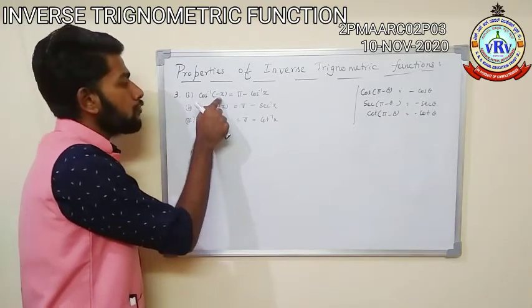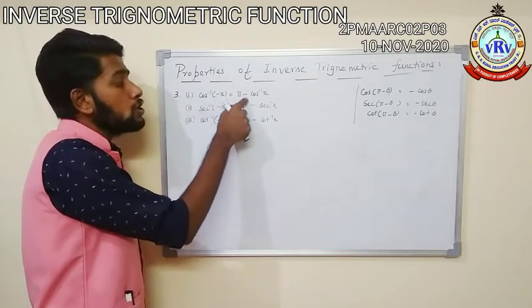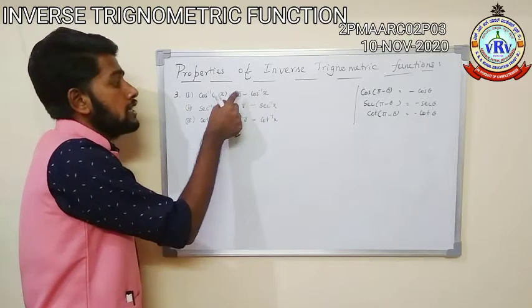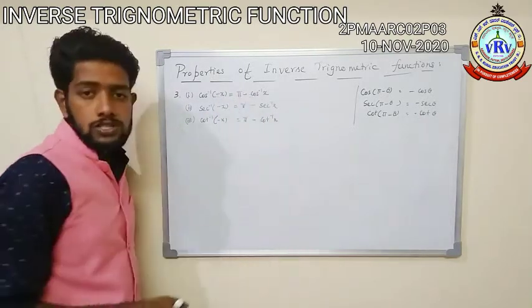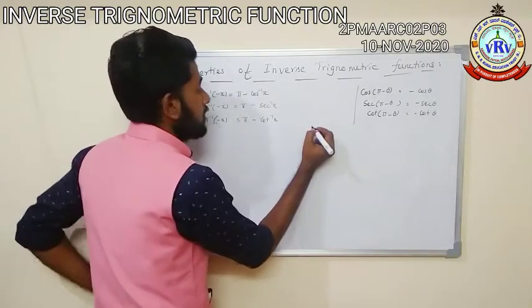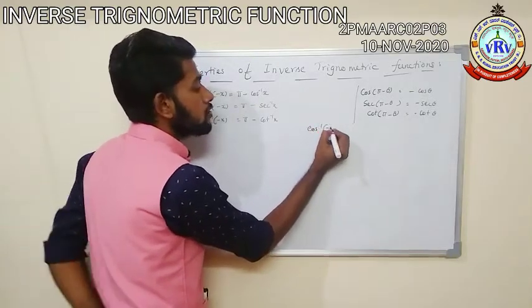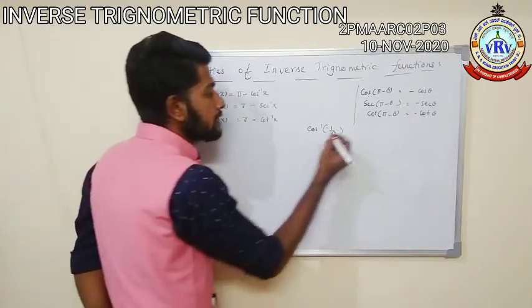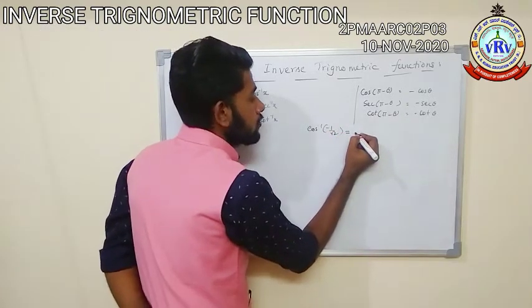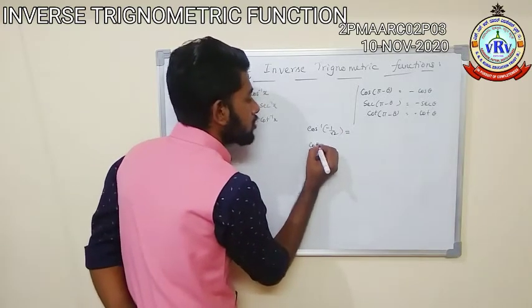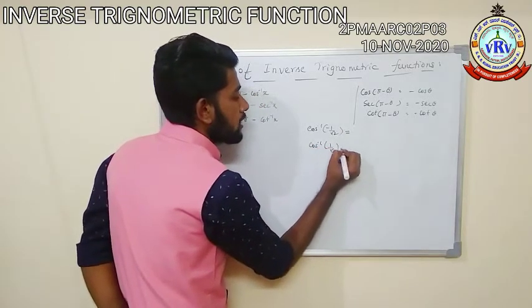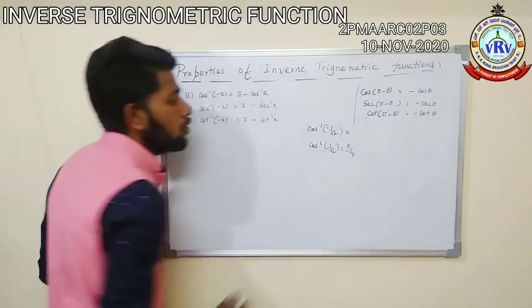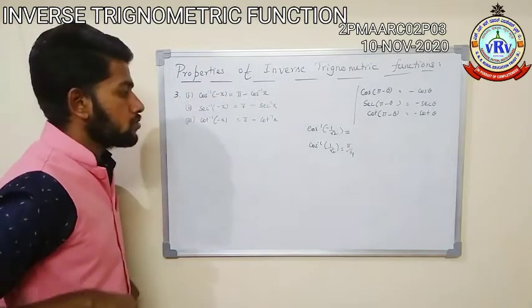Cos inverse of minus x is not equal to minus cos inverse of x, it is pi minus cos inverse of x. For example, if we require cos inverse of minus 1 by root 2, we have to get cos inverse of 1 by root 2. The value, we know, is pi by 4, since cos 45 is 1 by root 2.